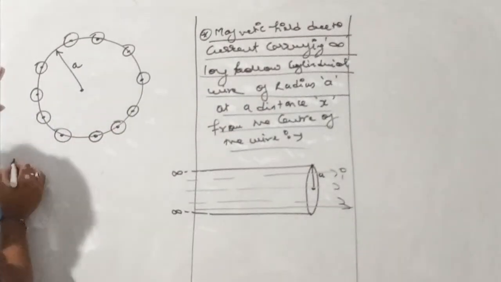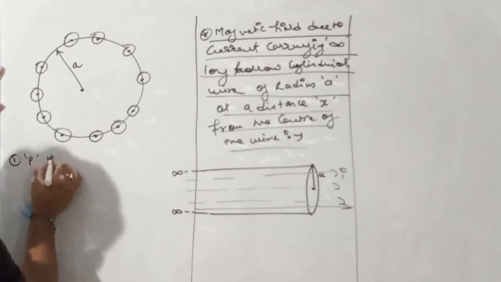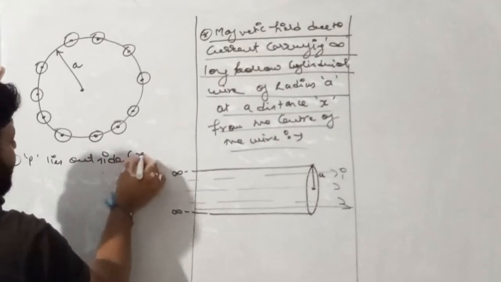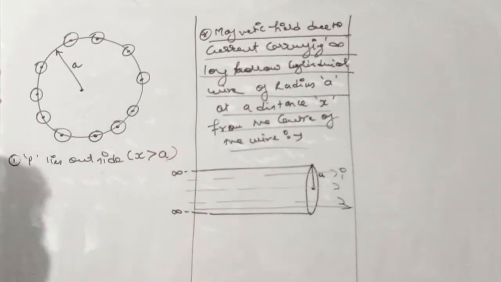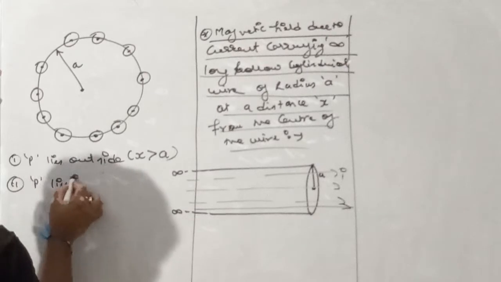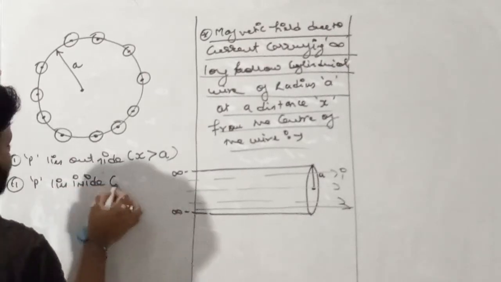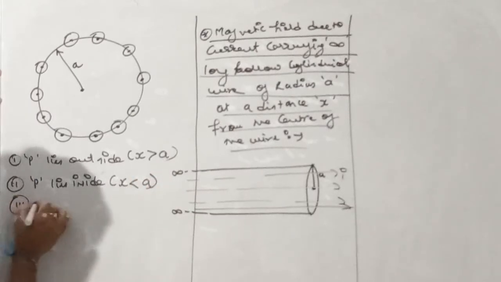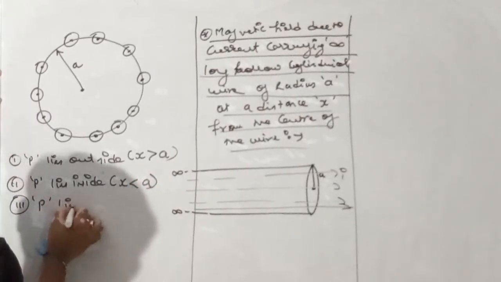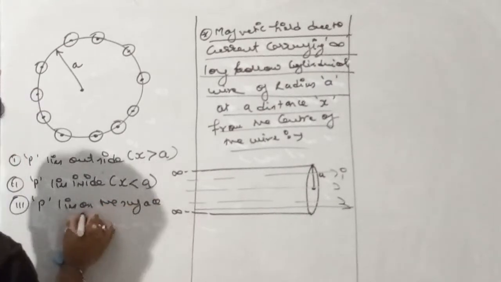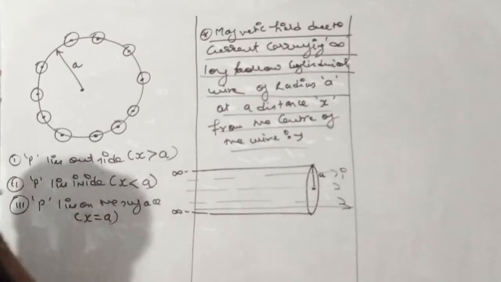So my dear student, three cases are possible. First, P lies outside, which means x is greater than a. Second possibility is P lies inside, then x is less than a. Third possibility is also there, P lies on the surface, then x must be equal to a.